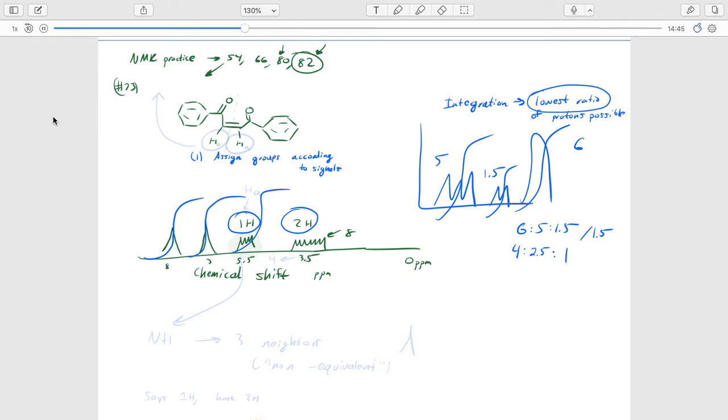In this molecule, we're only going to count this side, and this side is the same thing. Why? Because it's symmetrical, so this will definitely cause the splitting that we'll see down here. But we only have to count this one.